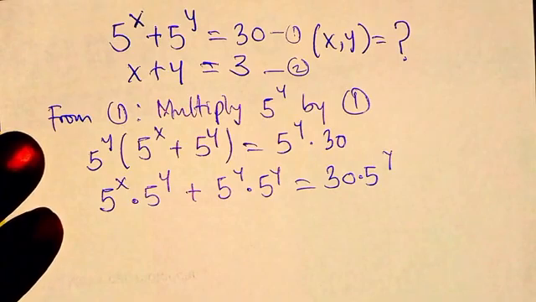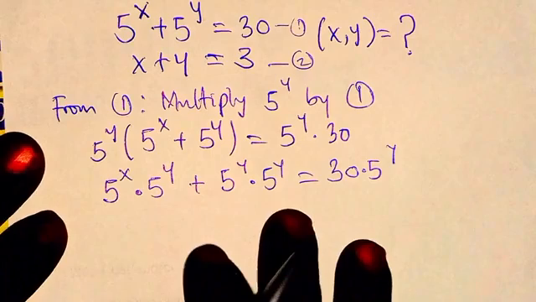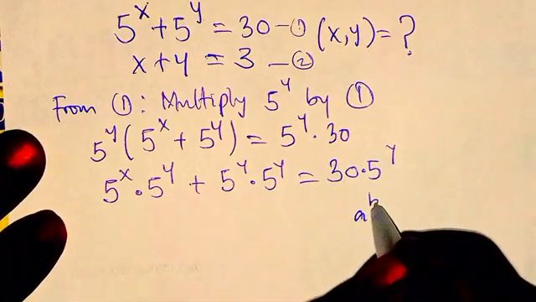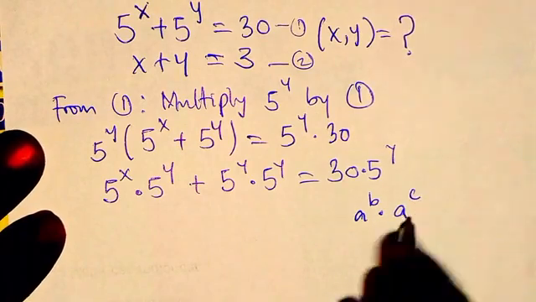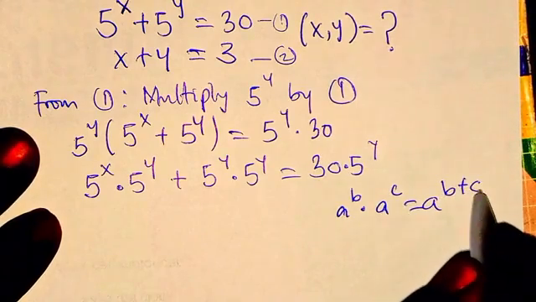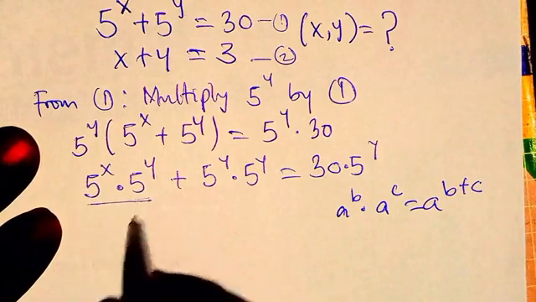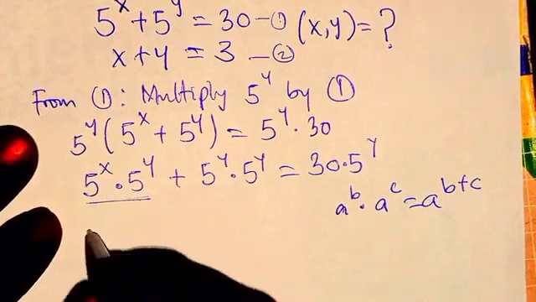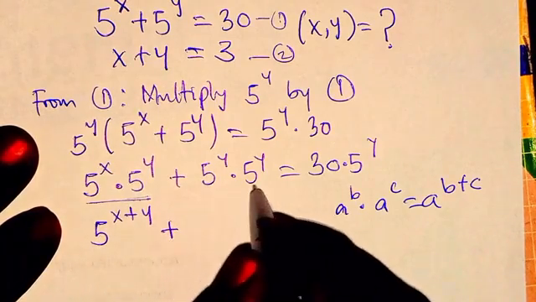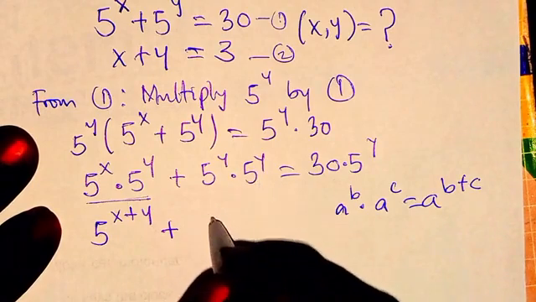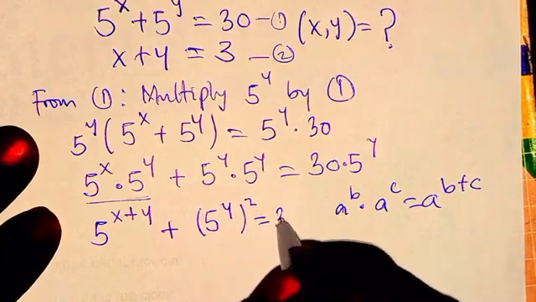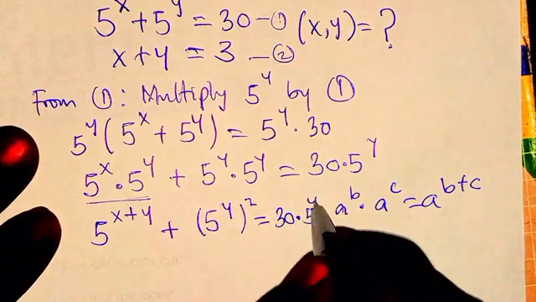From the law of indices, when you have a to the power b multiplied by a to the power c, this will give us a to the power b plus c. So that's going to be 5 to the power x plus y, plus 5 to the power y all squared, equals 30 multiplied by 5 to the power y.